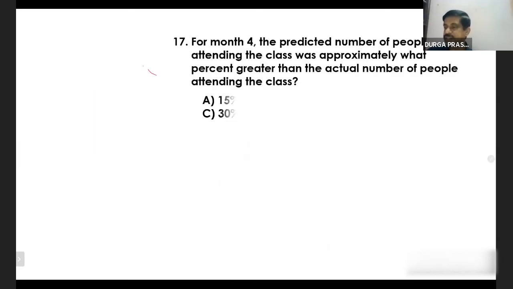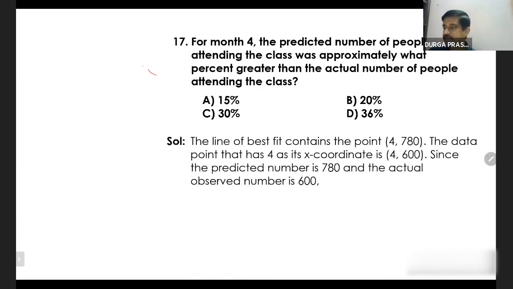So now look at this. For month 4, 780 on the line of best fit means it is the predicted number, but the actual number is 600. Predicted is higher than the actual number.